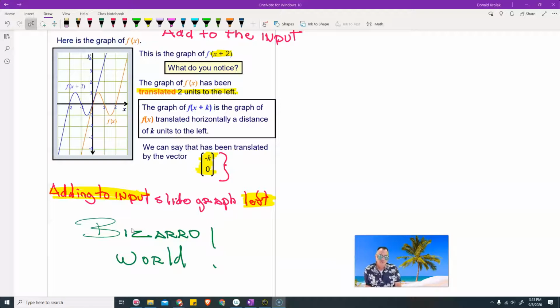So when you see that vector, the way you'd express that would look like this: x plus some number k. We're adding to the input, which is really sliding left. When I see this, this means slide left.